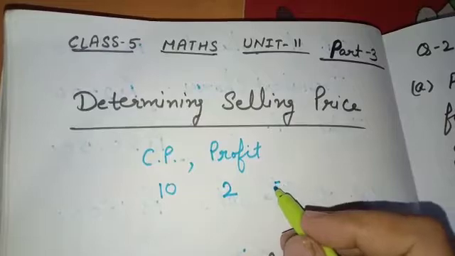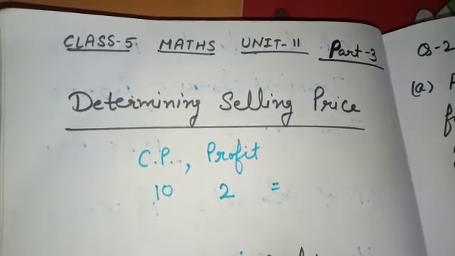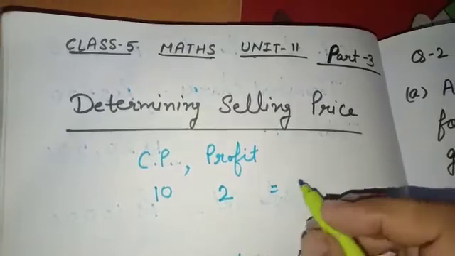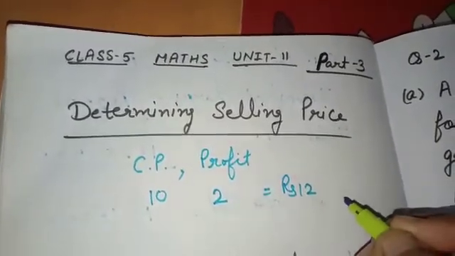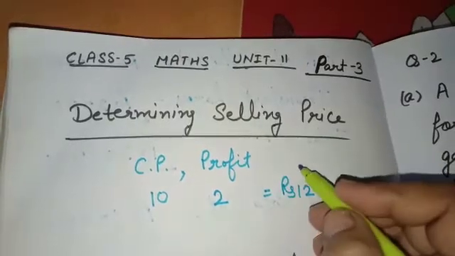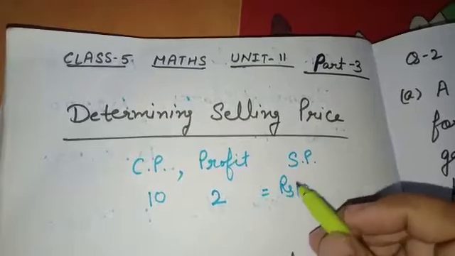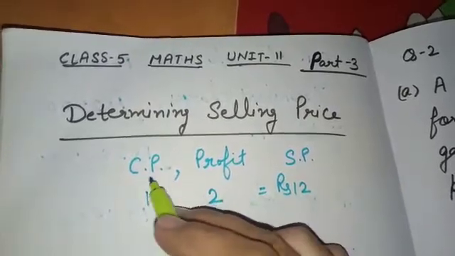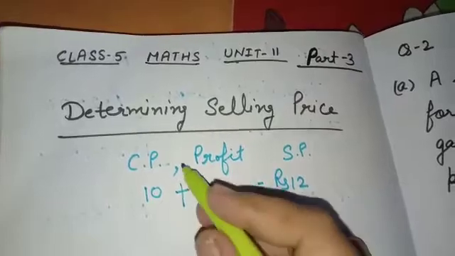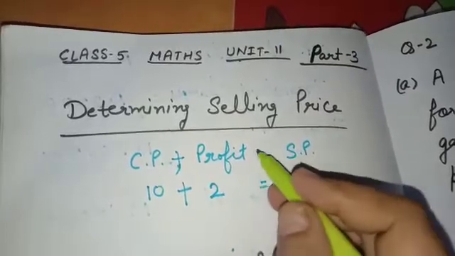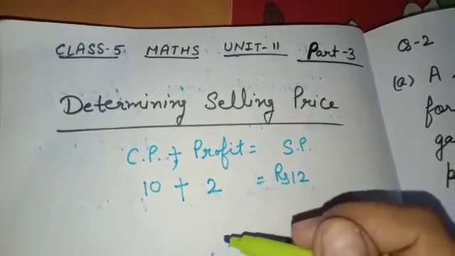Then for how much have you sold the pen? Yes, for rupees 12 you have sold the pen. So this is the selling price. It means to find the selling price when cost price and profit are given, we just add these two things. So the formula for selling price is cost price plus profit.